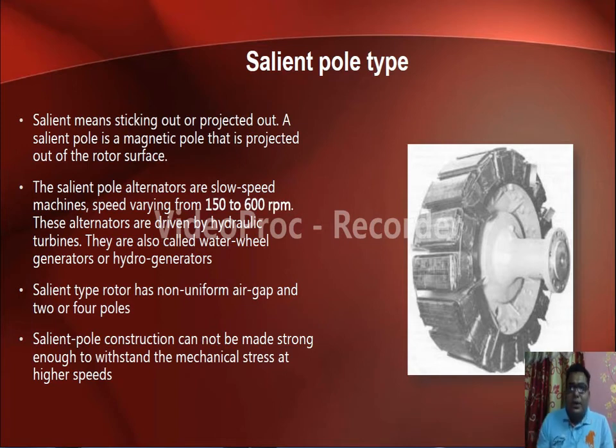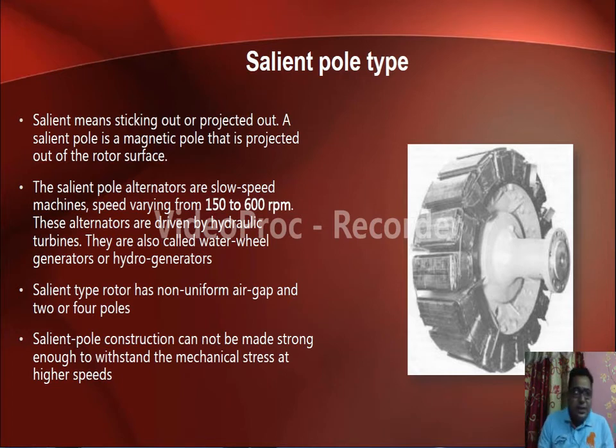Then there is a vibration, and due to that vibration there may be some mechanical damage. To protect against that, we use the damper winding, which washes out that vibration from the system and tries to maintain stability in the system.